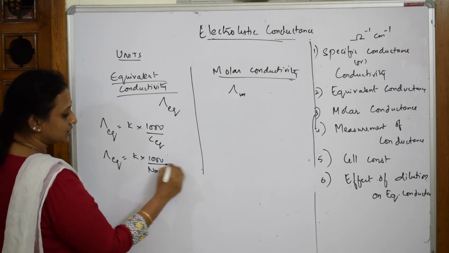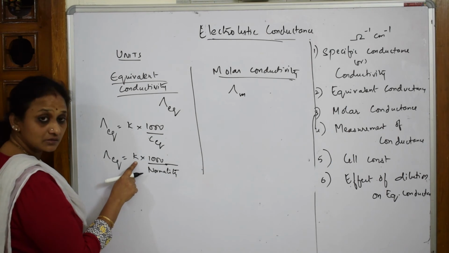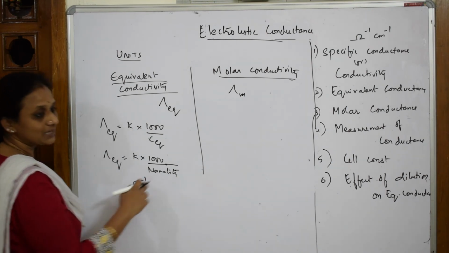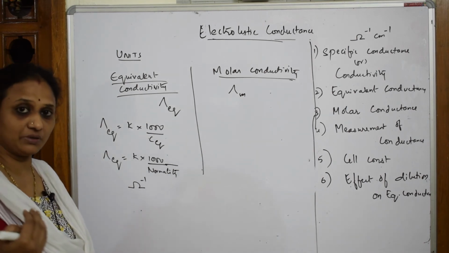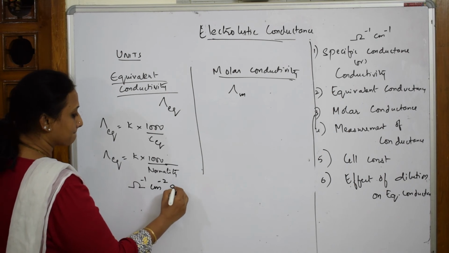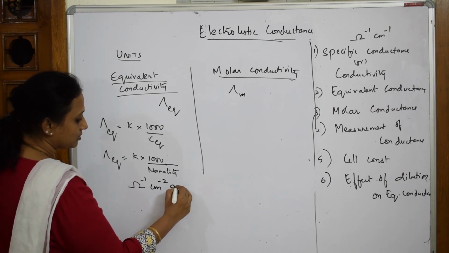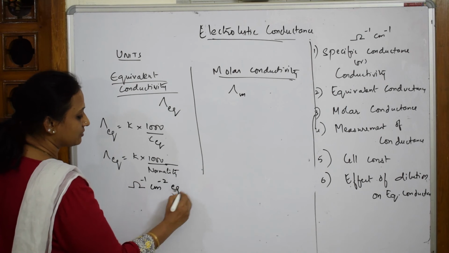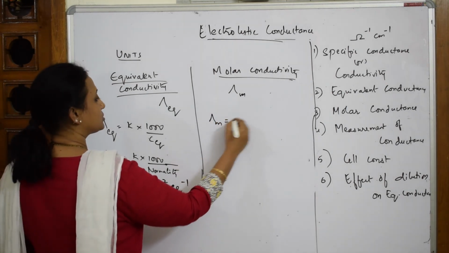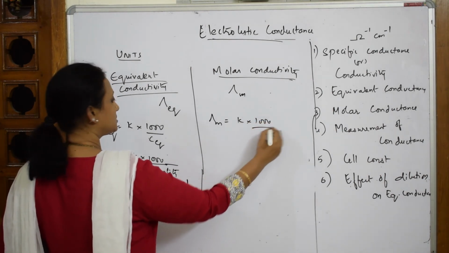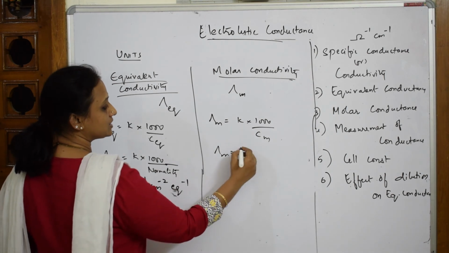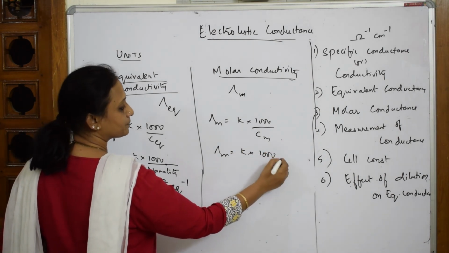Done. So when I have to write the units, just see, this is conductance, so ohm inverse. Normality is the number of gram equivalents per volume, isn't it? So centimeter minus 2 equivalent inverse 1. Now here, λM is equal to kappa into 1000 by Cm. Molar conductivity is equal to kappa into 1000 by molarity.